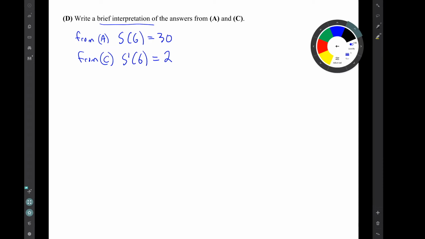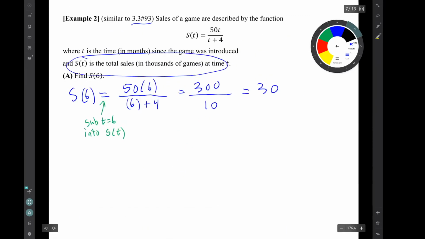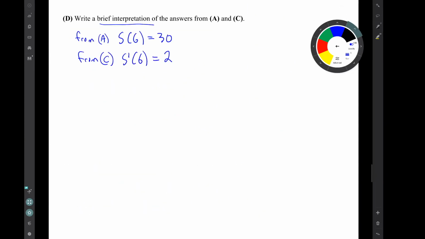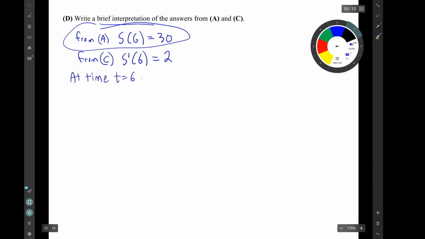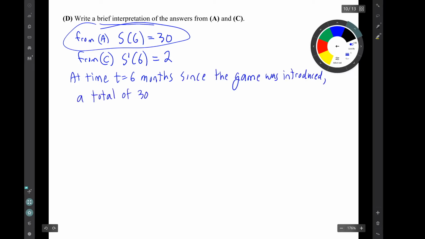Well, we're told what the function S of t means. S of t is the total sales in thousands of games at time t, where t is in months. So an interpretation of this mathematical equation would be this. At time t equals 6 months since the game was introduced, a total of 30,000 games have been sold.